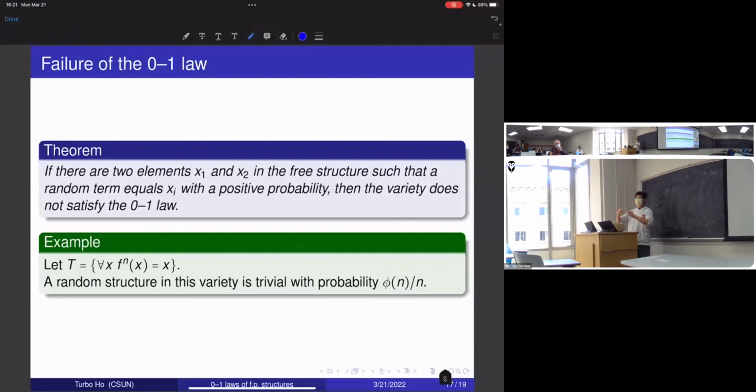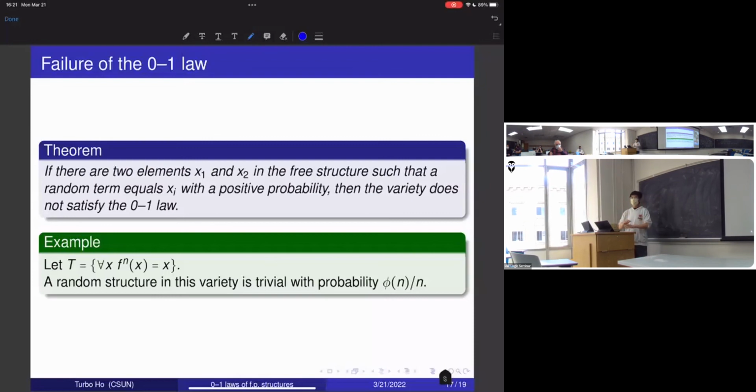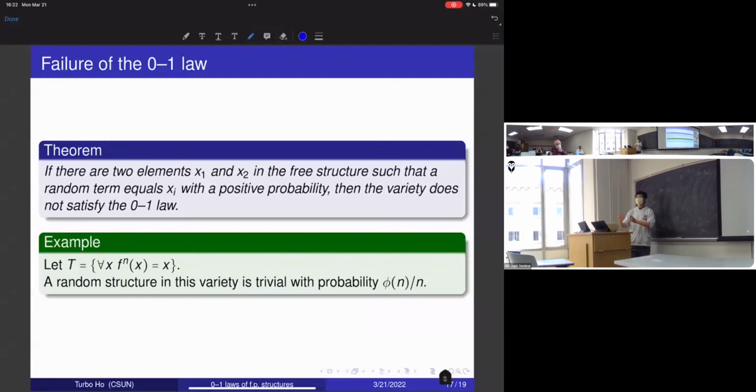Because you can really just ask, are these two the same? And you're going to have non-trivial probability of being the same or not. So it's strictly between 0 and 1, and you break the 0-1 law that way. We have a few conditions like this, but nothing more immediate, I guess.